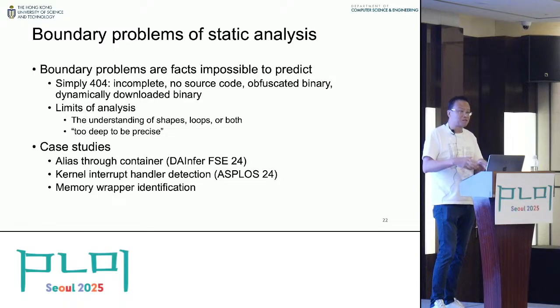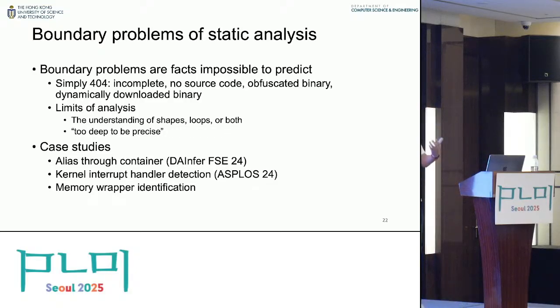And also because of the size, it's just impossible to be precise. So these are the things that are impossible for static analysis to address, but the users, they don't care, right? For them, this is their software. They don't care how you do it, but please give me some useful results.